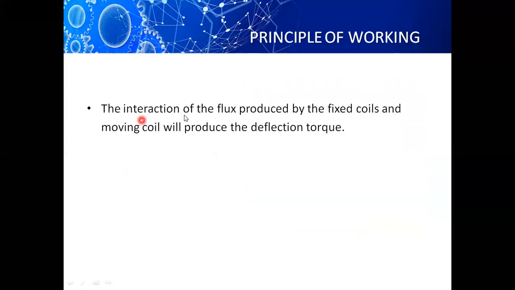So the interaction of flux produced by fixed coils and moving coil will produce the deflection torque. So we have two magnetic fields and the magnetic field polarity, and those two magnetic fields will have an interaction, and hence we have the moving coil moving because of production of deflection torque.